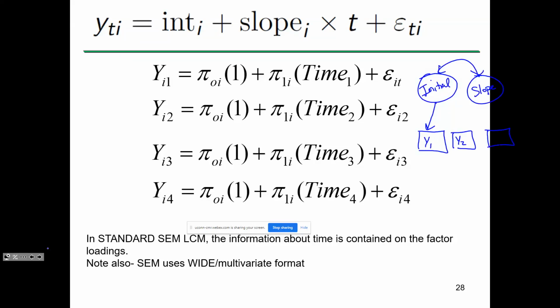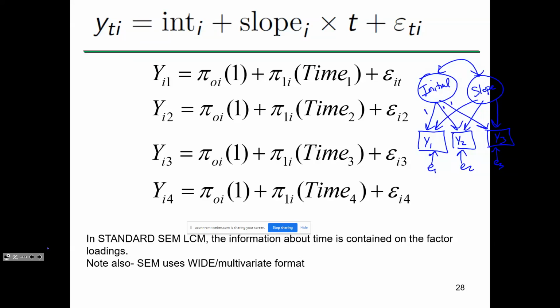Y1, Y2, Y3, E1, E2, E3. Okay, this is my simplest growth model. It looks like there's a lot going on here, but actually I'm going to constrain a whole bunch. I'm going to constrain all of these loadings here to be 1.